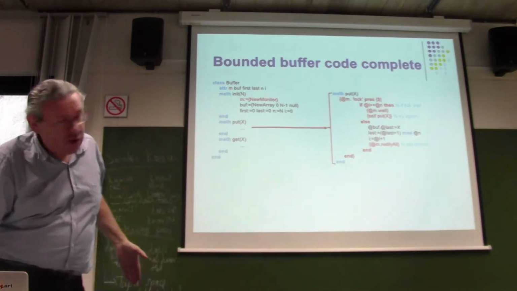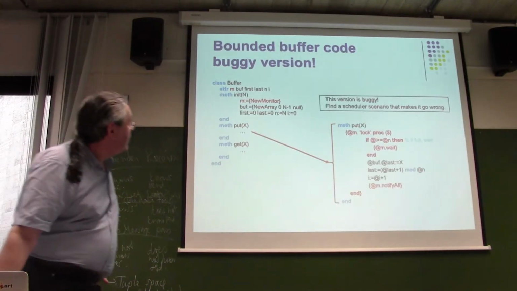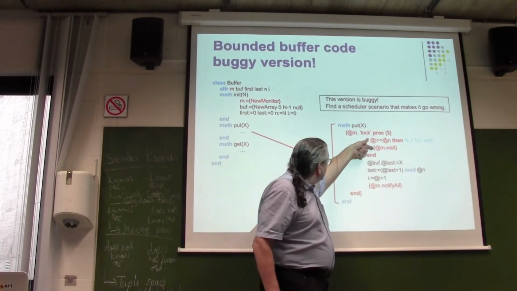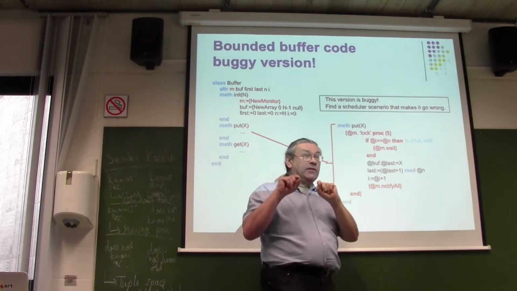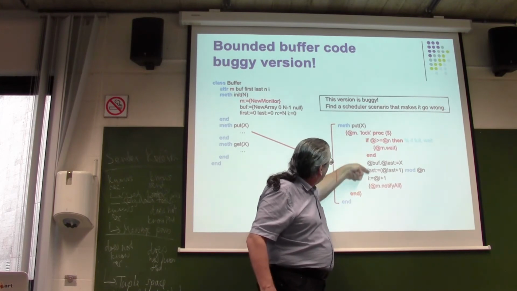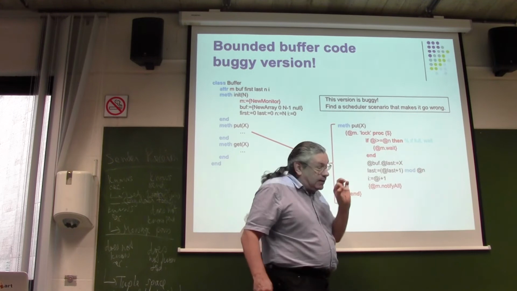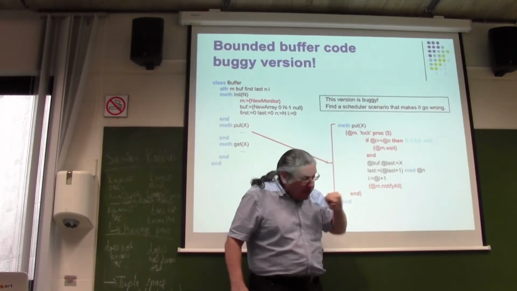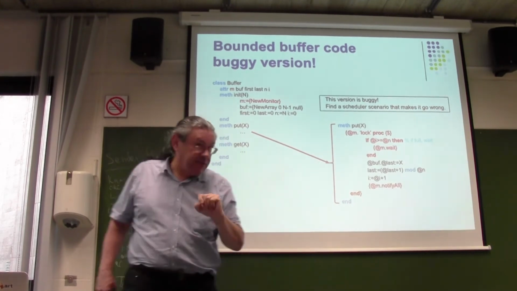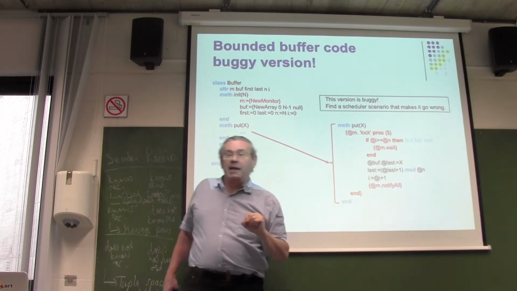In this buggy code, when you wake both of them up, both of them are outside the lock. One of them goes in and does a put. The other one is still outside. So they have to go in again. Once you get in, the only way to guarantee that there's a slot is to check it when you're inside.